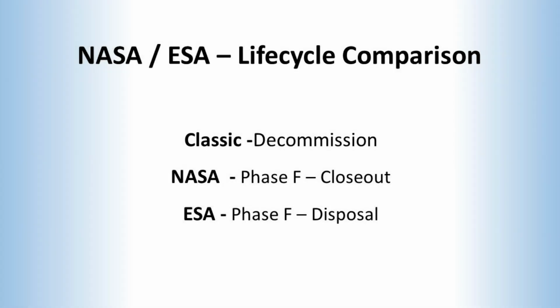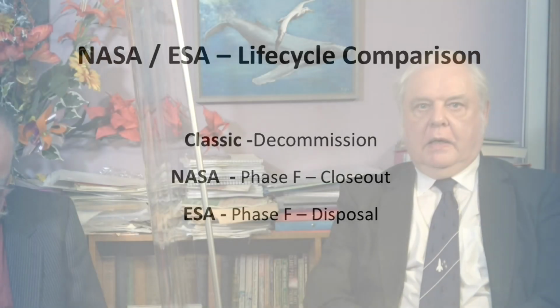And so we come to the last phase, decommission, the one everyone forgets. Back in the 60s, when NASA first outlined this cyclic program, they didn't actually have a disposal phase in it. They've added it in now. ESA had it in from the start.